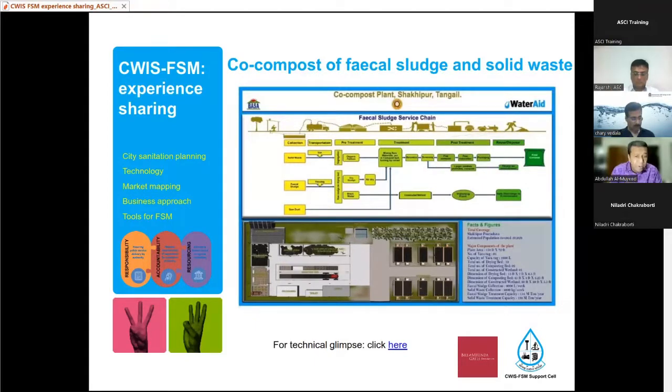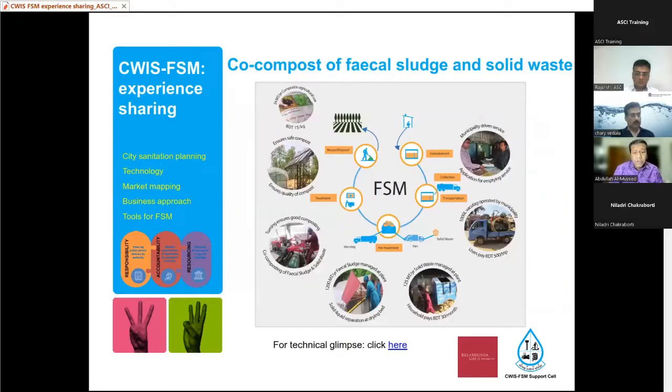With the participation of municipal authorities, that is very important, and that is what CWIS has referred to as some sort of planning exercise we need to do. For the Sakhipur municipality, from the very beginning, we considered the circular economical aspect, and that's why it is a little bit of the whole circular thing, the whole sanitation value chain.